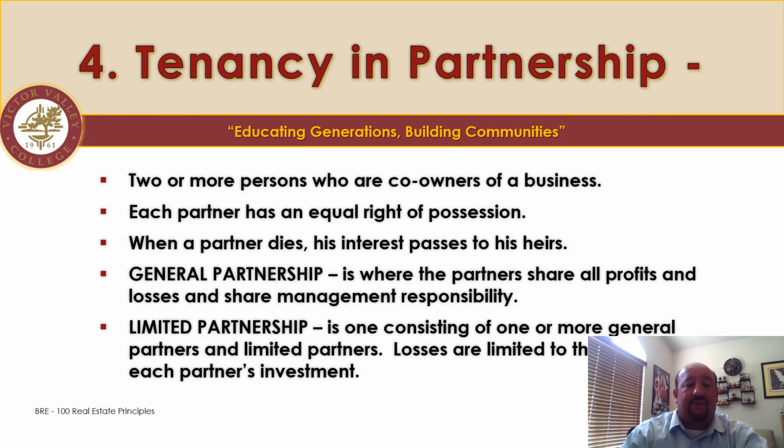Okay, partnership: general partnership and limited partnership. The difference is that with a limited partnership, one of the partners only has losses limited to the amount of investment, whereas in a general partnership, the partners share all profits and losses.